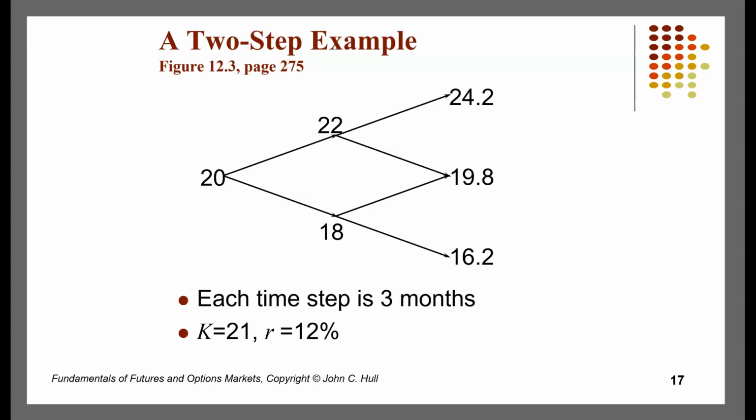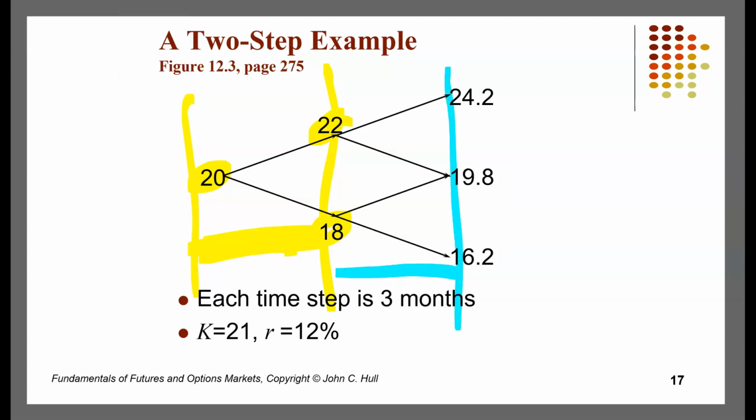Now, if we do that on a multiple stage, which is essentially what we have here, where we have the first stage that stops here, this is going to be our first stage, and then we're going to have a second stage, and our second stage is essentially going to be this period here.